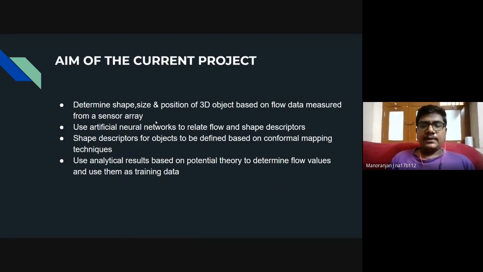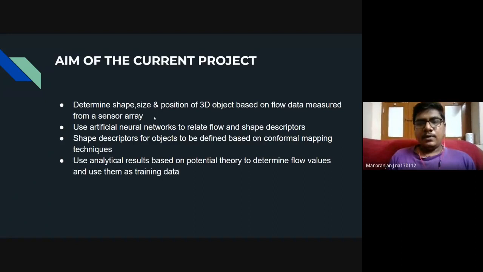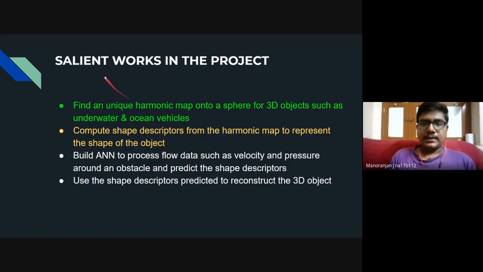And we'll be using analytical results based on potential theory to determine flow values and use them to train our neural networks, where we are trying to relate the flow and the shape descriptors. So I hope you can get an idea of how we are trying to use the readings from previous works in our project.